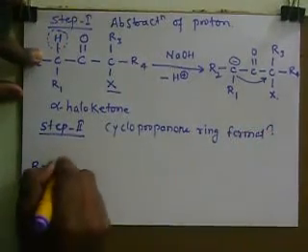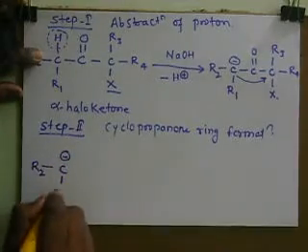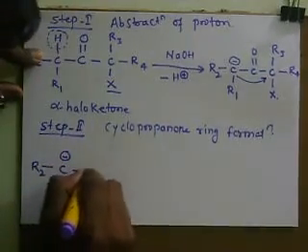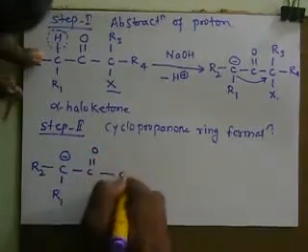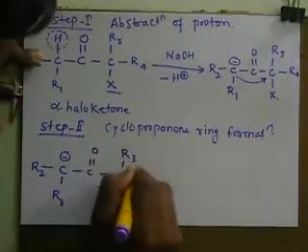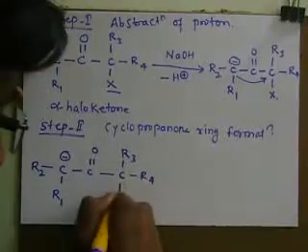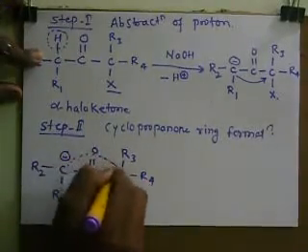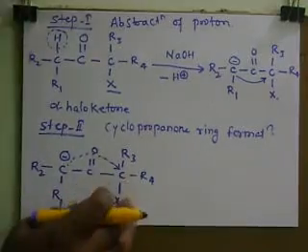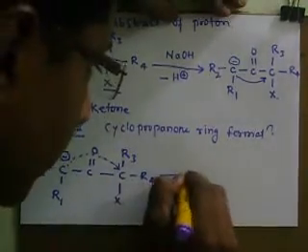R2 C minus charge, R1 C double bond O, C, R3, R4 and X. So this carbon will attack on this carbon, so as to form a cyclopropane ring structure.